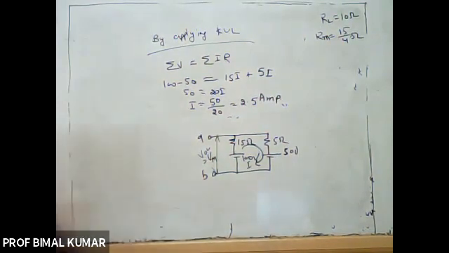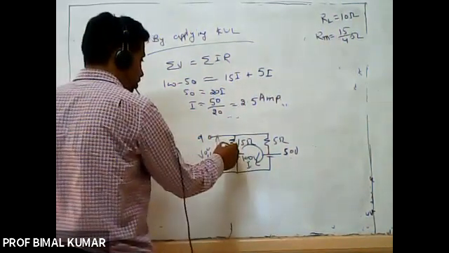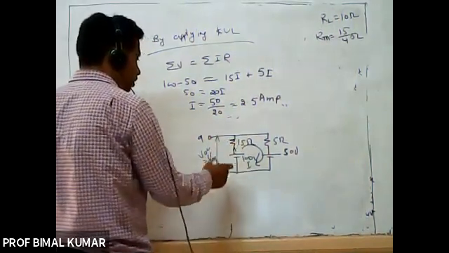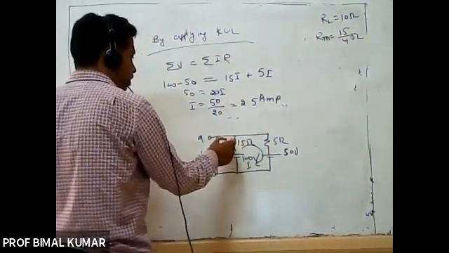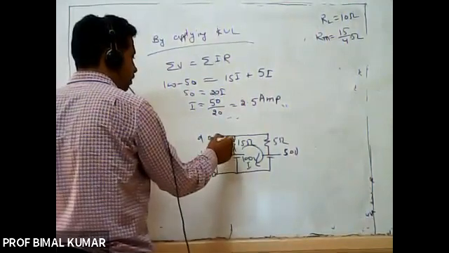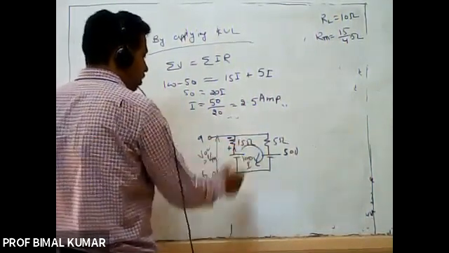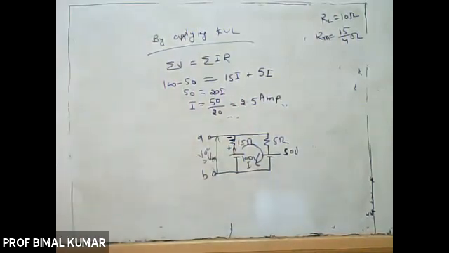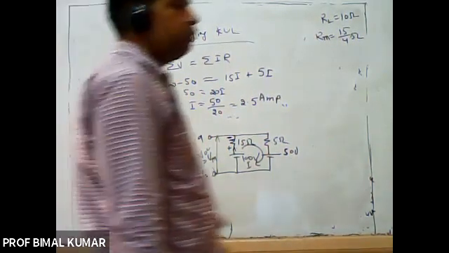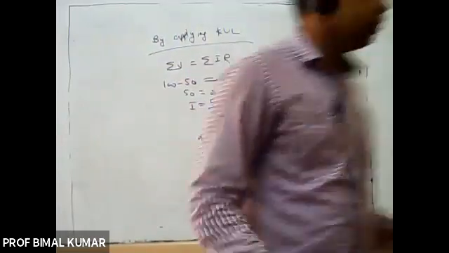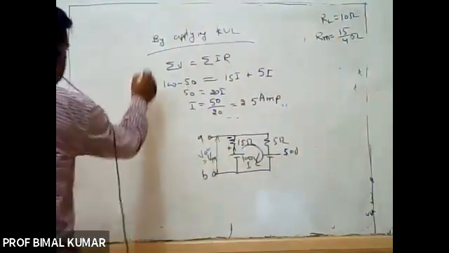Now here, this will be the direction. In this resistance, current is entering here, so here it will be positive and here it will be negative. Across the 15 ohm resistance, the lower terminal is positive, because the side from which current enters is taken as positive, and where it leaves is taken as negative.